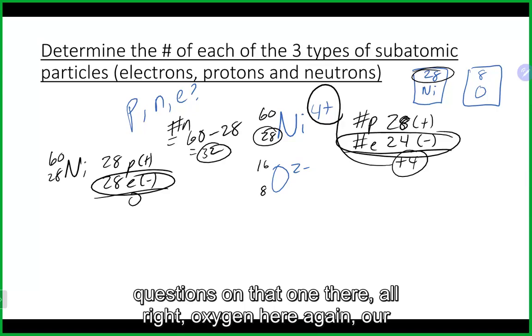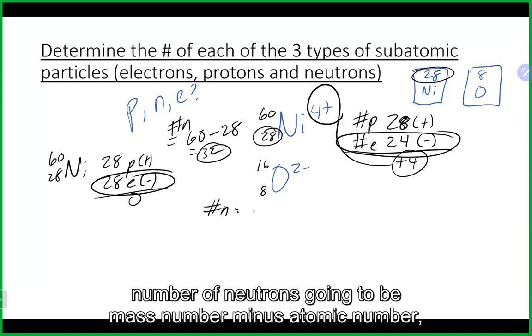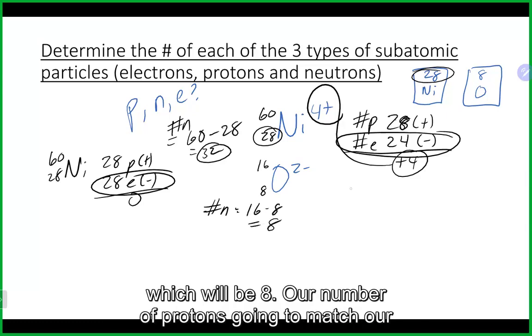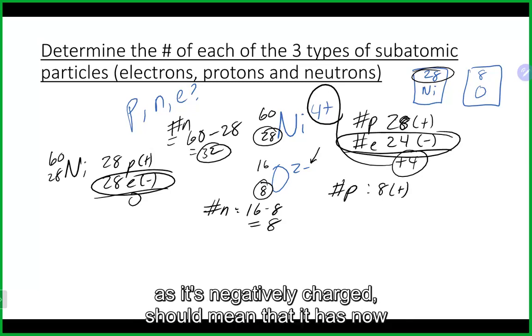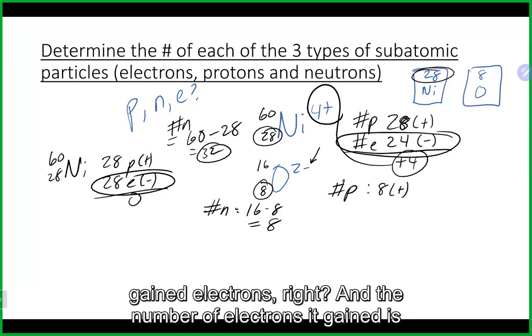All right, oxygen here. Again, our number of neutrons is going to be mass number minus atomic number, which will be 8. Our number of protons is going to match our atomic number, which is 8. We know that this is an anion as it's negatively charged, which should mean that it has gained electrons.